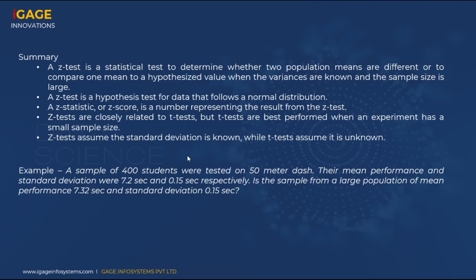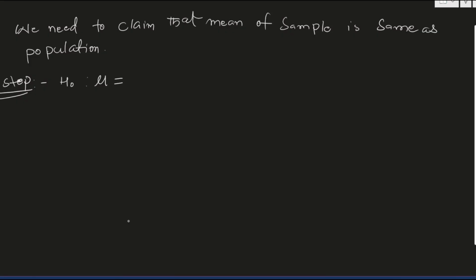A sample of 400 students, the mean performance is 7.2, right? And in this case the population mean value is 7.32.